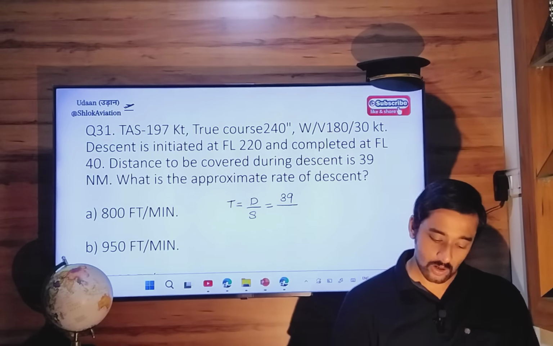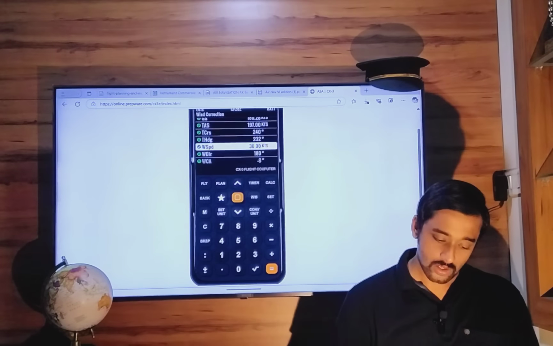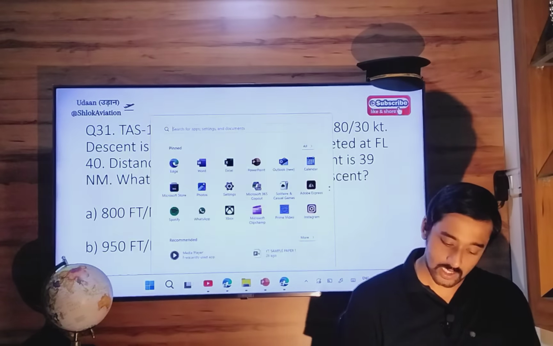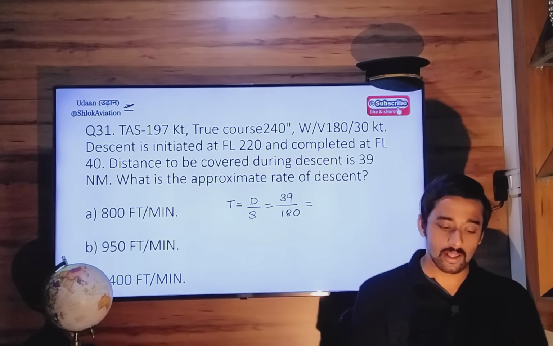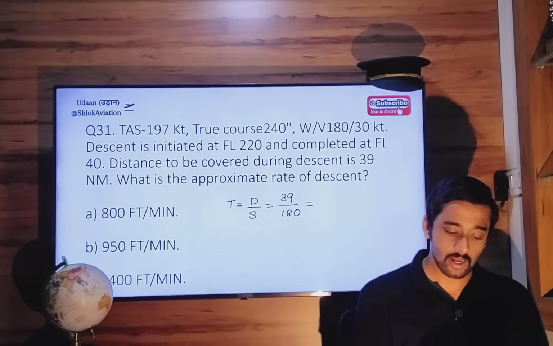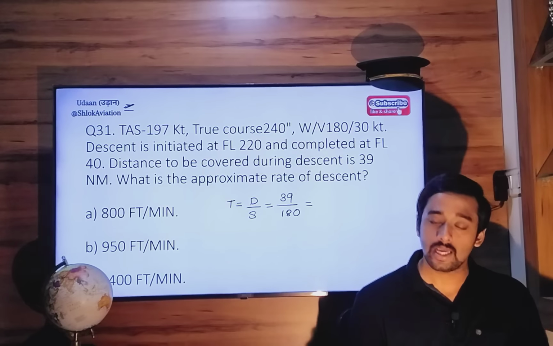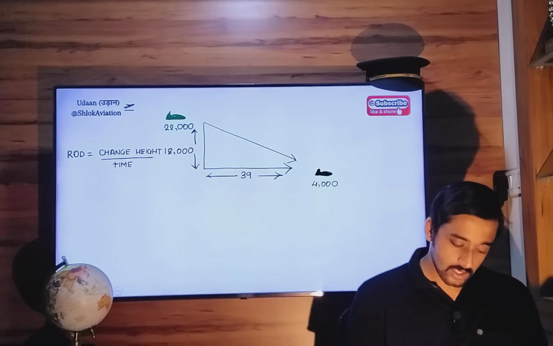Winds 180 at 30. So ground speed is 180 knots. So write it here. Now the time taken to travel 39 nautical miles at 180 knot speed will be 13 minutes. So substitute that here.